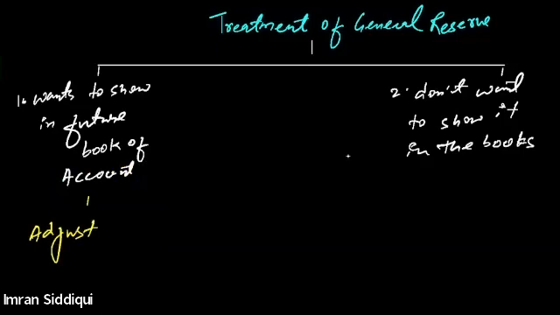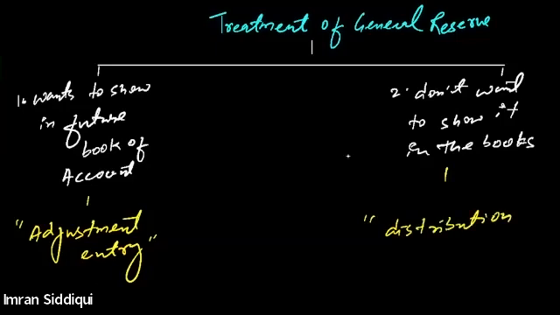But if partners have decided to not continue the general reserve in the future, they do not want to show it in the future books of account, then we will be passing the distribution entry.